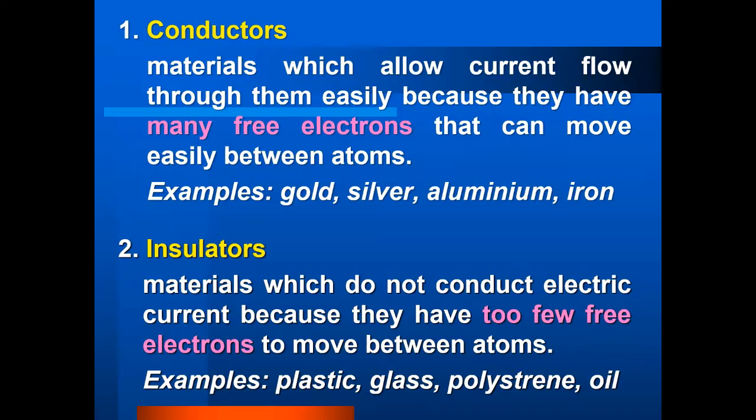For example, plastic, glass, polystyrene, and oil. The most important thing for a material to conduct electricity is the free electron, because the free electron is the one which carries the energy.